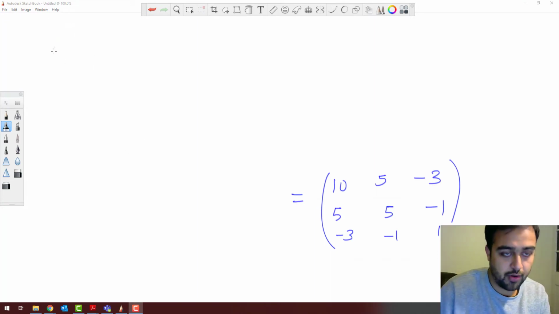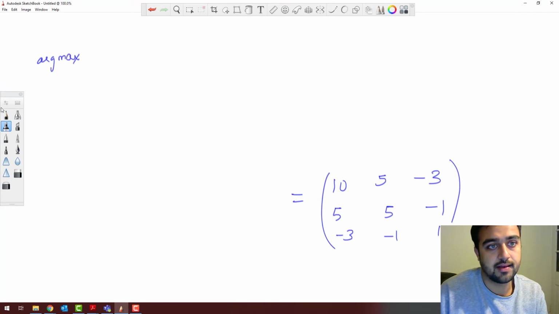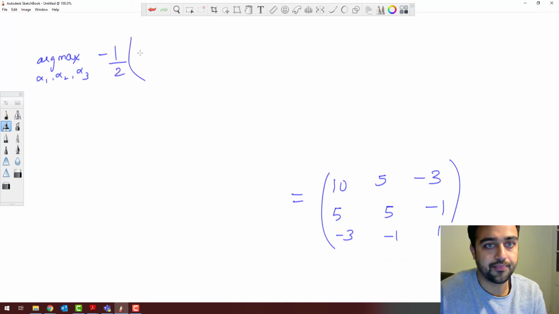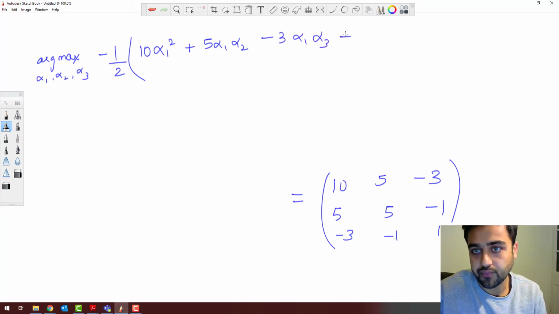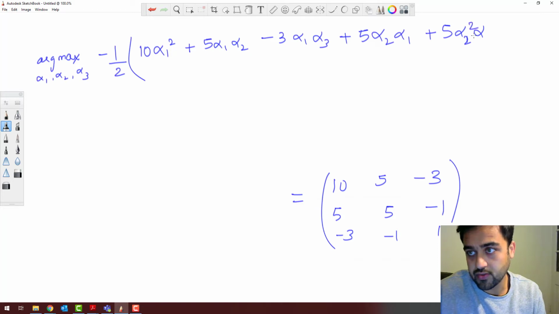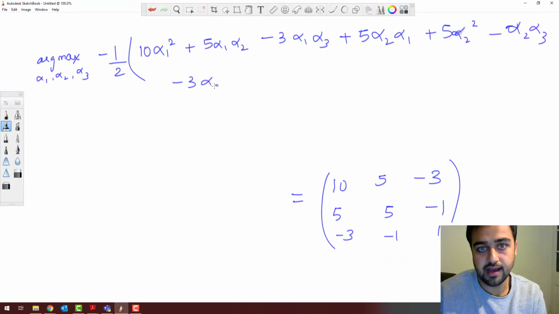That would result in the dual optimization problem, which would give us argmax alpha 1, alpha 2, and alpha 3 minus half, this would be 10 alpha 1 square plus 5 alpha 1 alpha 2 minus 3 alpha 1 alpha 3 plus 5 alpha 2 alpha 1 plus 5 alpha 2 square, my bad, alpha 2 square, then minus alpha 2 alpha 3 minus 3 alpha 3 alpha 1 minus alpha 3 alpha 2 and plus alpha 3 square.